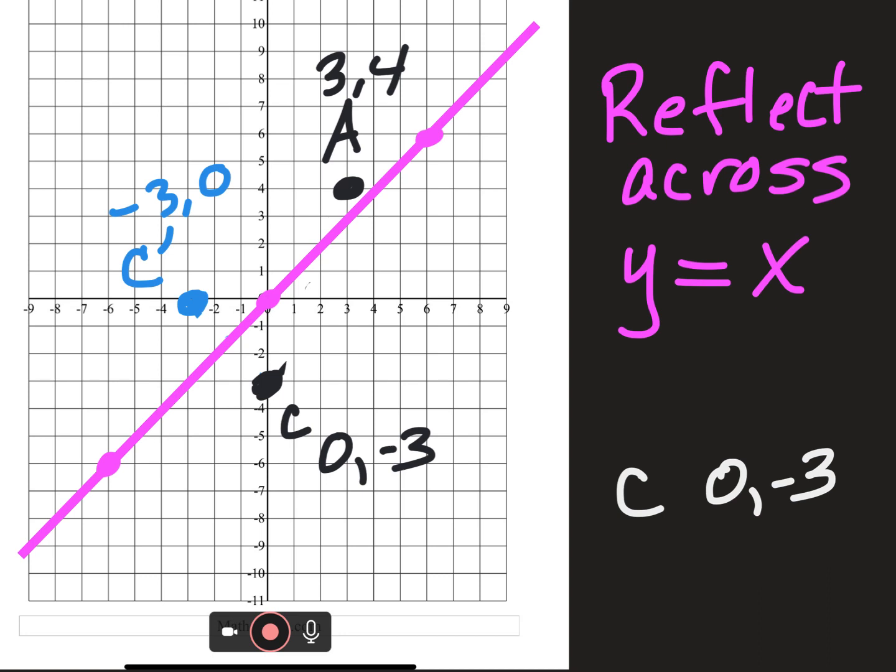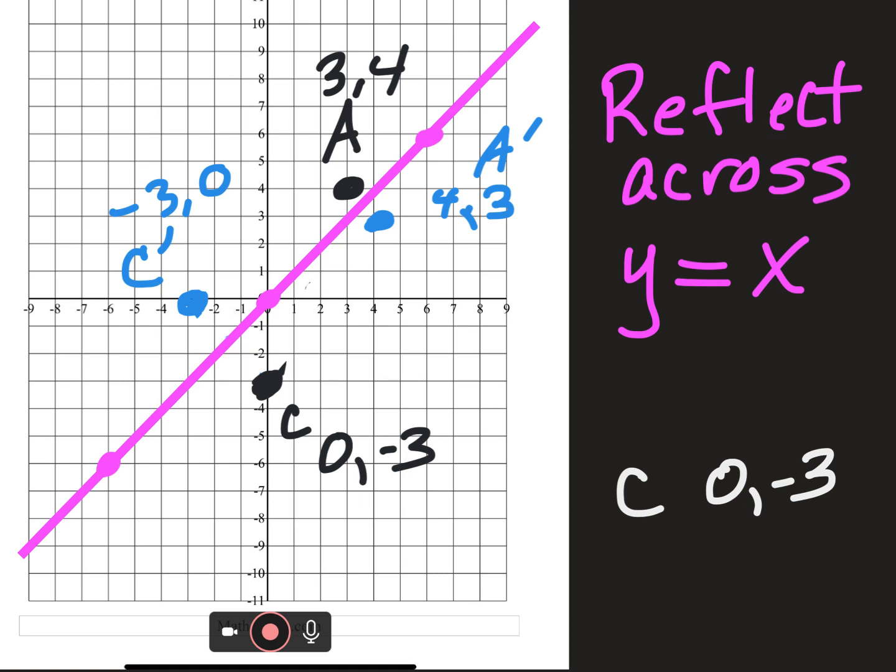If they just switch places, what's A prime going to be? Instead of 3, 4, it's going to be 4, 3. Exactly. And looking at it, you can tell they're about the same distance across. It's just hard to tell without using the coordinates.